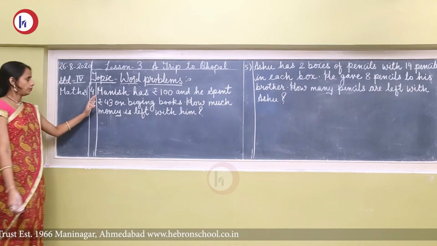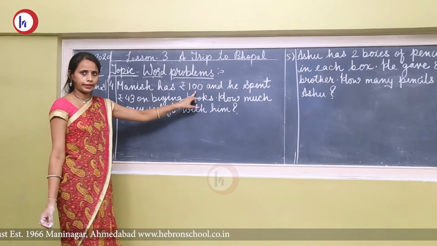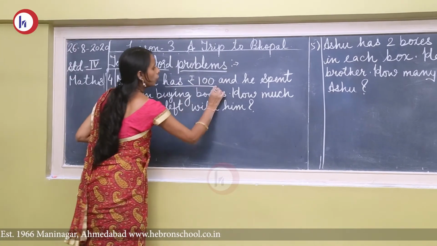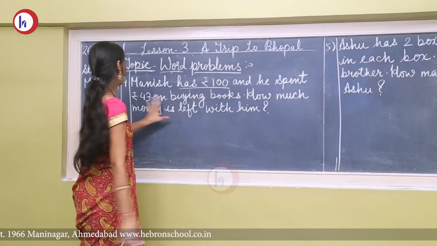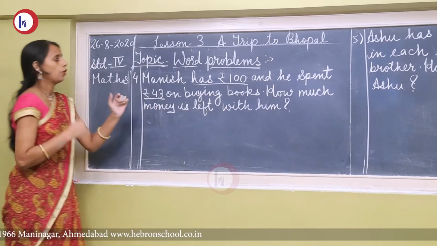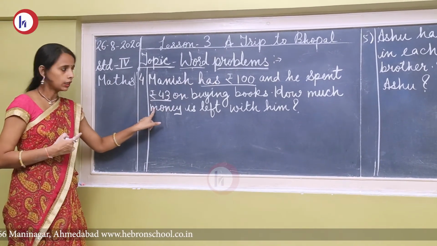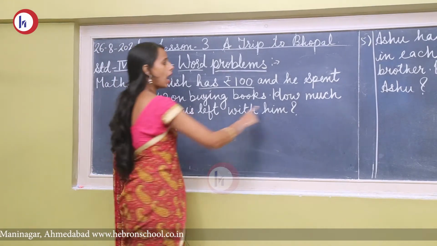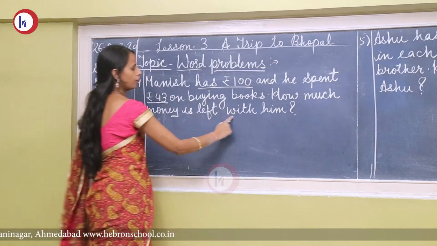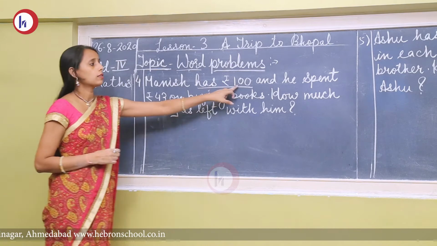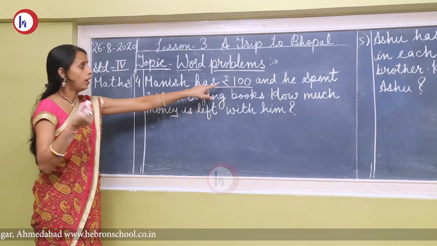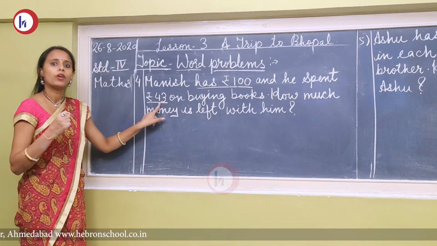Coming to the next question. Manish has rupees 100 and he spent rupees 43 on buying books. How much money is left with him? So he has rupees 100. From 100 he has spent 43.